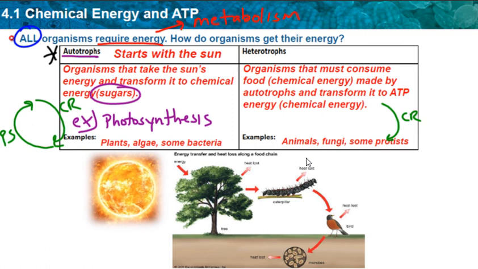We do not have chloroplasts, so we rely on consuming food, consuming plants, or consuming animals that may have eaten plants, because we need to essentially steal sugar, because we cannot make it. Because your autotrophs are making sugar.